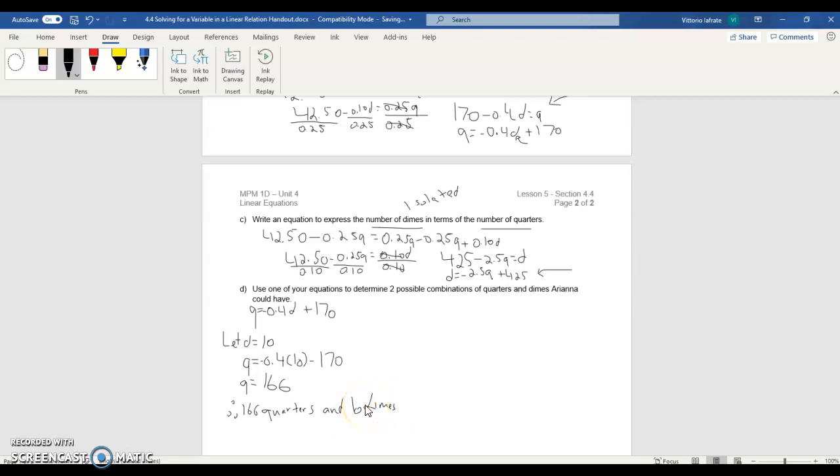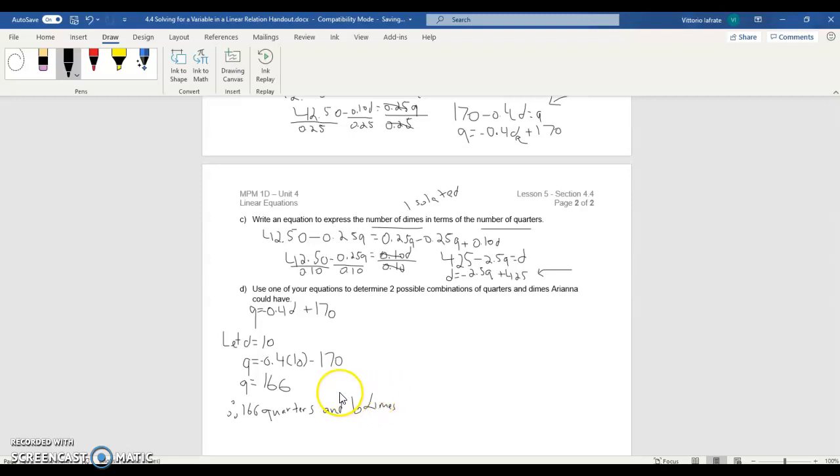Does that make sense? Well, 10 dimes times 0.1 is $1. And then 166 quarters times 0.25 is $41.50. Plus $1, that's $42.50. It does add up.